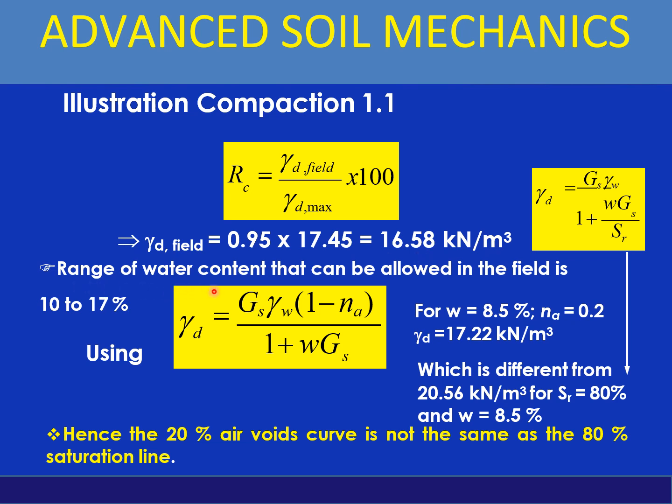Range of water content that can be allowed in the field is 10 to 17%. So by using the compaction curve, you can get this one from 10 to 17% corresponding to this value, that is 16.58, because you are having this one on the dry side of OMC as well as on the wet side of OMC, so this is the range.